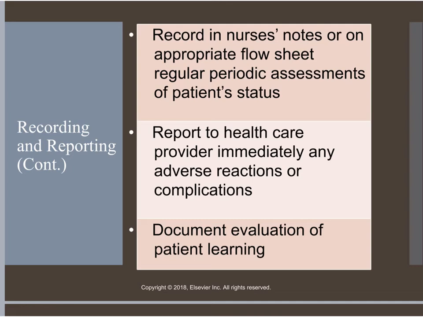Record regular periodic assessments of the patient's status in the nurse's notes and electronic health record, or on the appropriate flow sheet, including vital signs, pulse oximetry, capnography, intake and output, sedation level, pain severity score, neurological status, appearance of epidural site, presence or absence of adverse reactions to medication, and presence or absence of complications resulting from placement and maintenance of the epidural catheter. Report any adverse reactions or complications to the healthcare provider immediately, and document evaluation of patient learning.